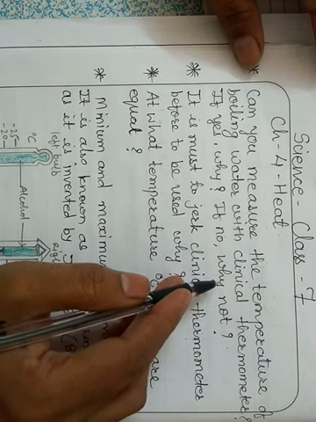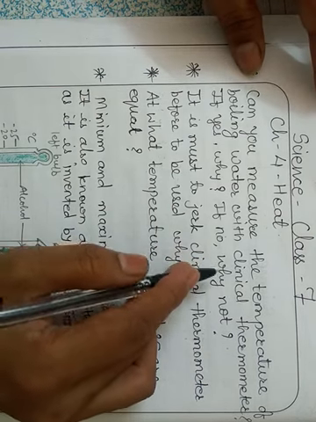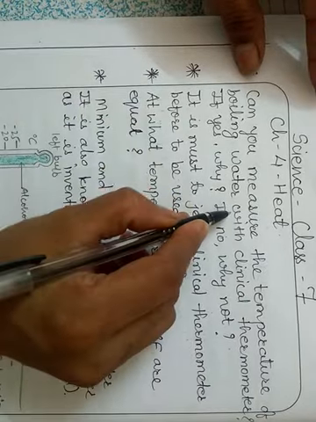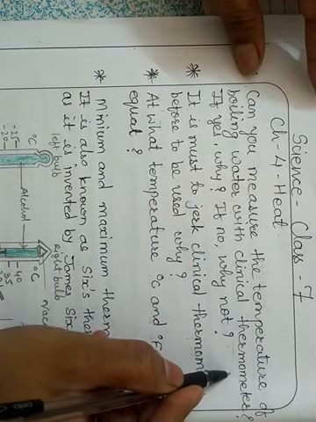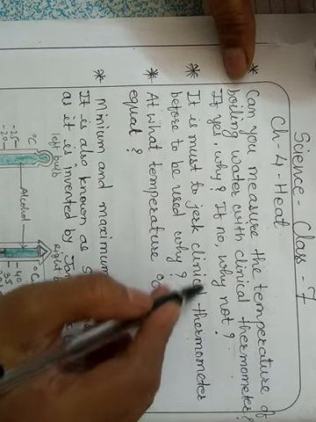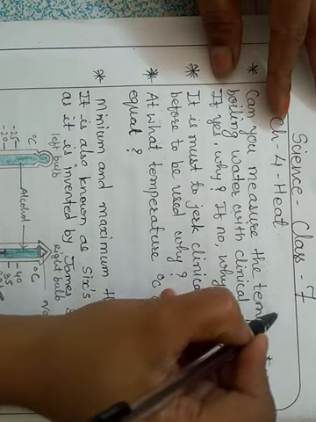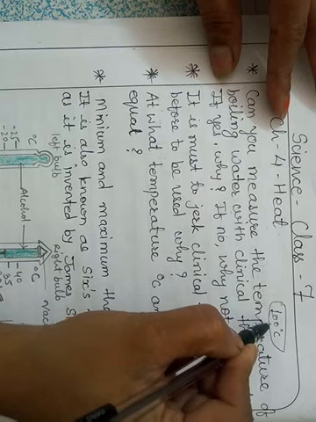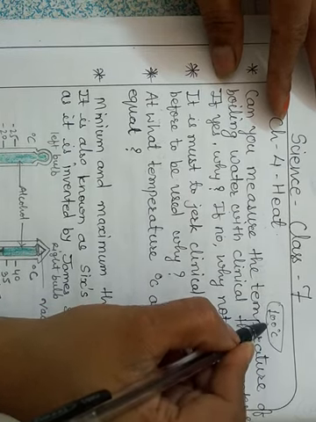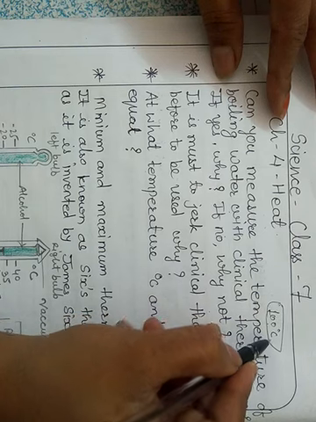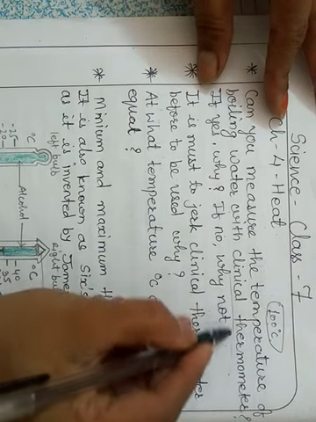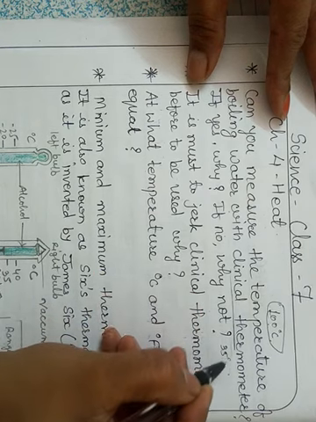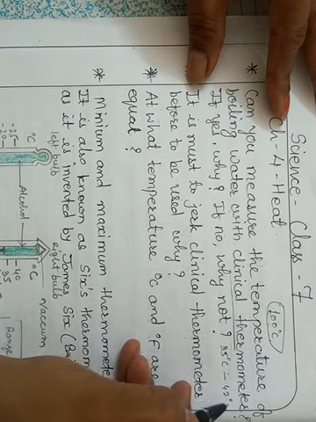The answer is we cannot measure the temperature of boiling water with the help of a clinical thermometer, because boiling water has a temperature of 100 degrees Celsius, and the range of a clinical thermometer is 35 degrees Celsius to 42 degrees Celsius.